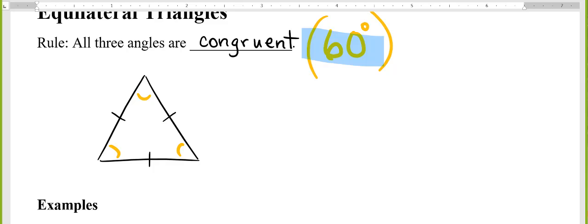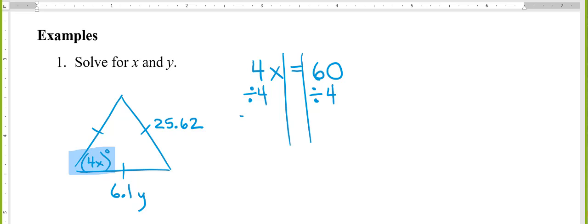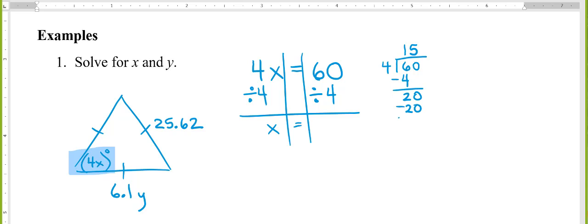So 4x has to equal 60. Divide both sides by 4. And x equals 60 divided by 4. Subtract, you get 2. Bring down the 0. 4 goes into 20 5 times. So x equals 15.